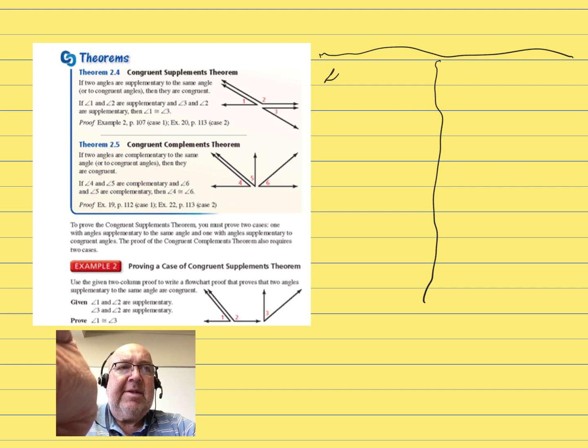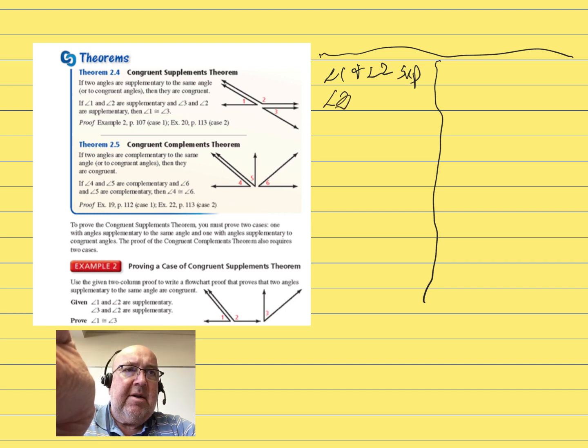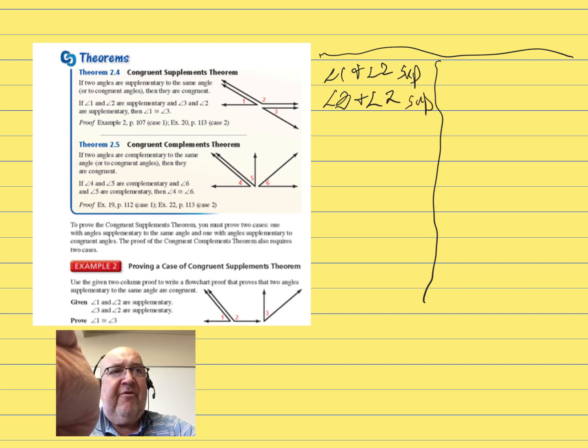So we're going to go angles 1 and 2 are supplements. Angles 3 and 2 are supplements. And that information is given to us. Remember, we're doing the reasons on the right side, statements on the left.